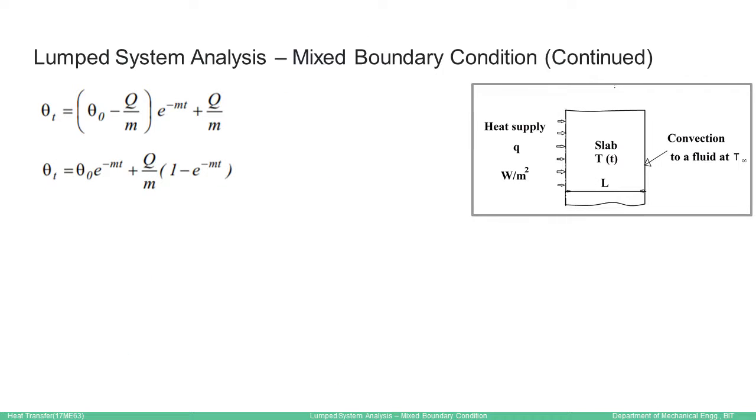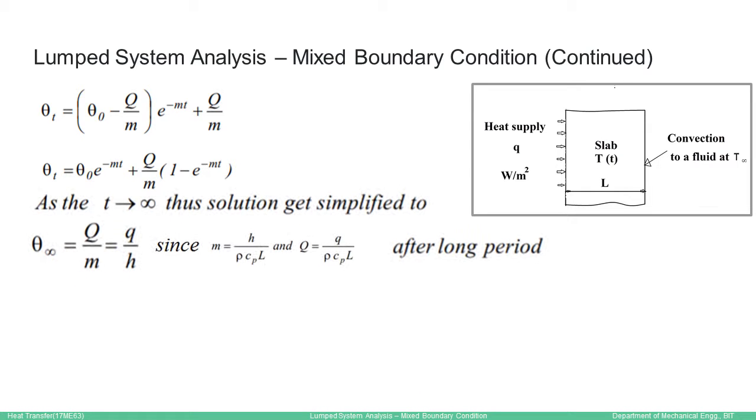Rearranging the terms, theta of t will be equal to theta naught into e power minus m t plus Q by m into (1 minus e power minus m t). But considering a very long time, that is t extending to infinity, then theta infinity, that is the temperature difference when t tends to infinity, becomes equal to Q by m, because the first term in the general solution for theta of t, that is theta naught into e power minus m t, will be 0 because e power minus m into infinity will be 0 and the corresponding term is neglected.